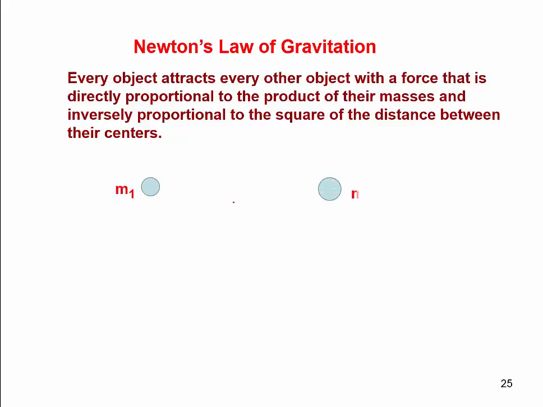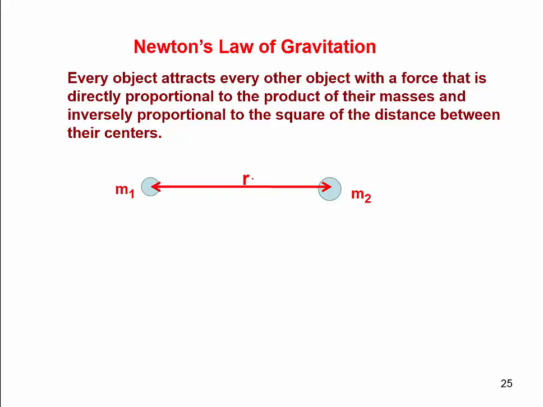For example, if you have a mass m1 separated from a mass m2 by a distance r, the force between them is directly proportional to m1 times m2 and inversely proportional to the square of the distance between them.